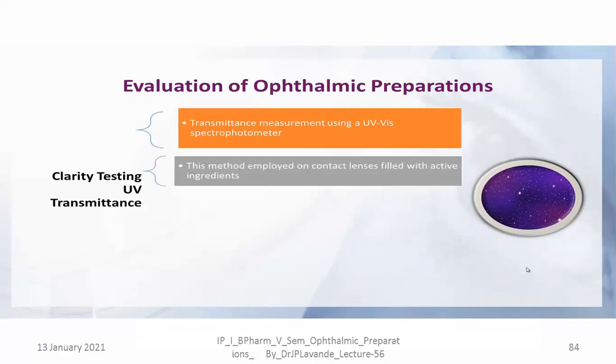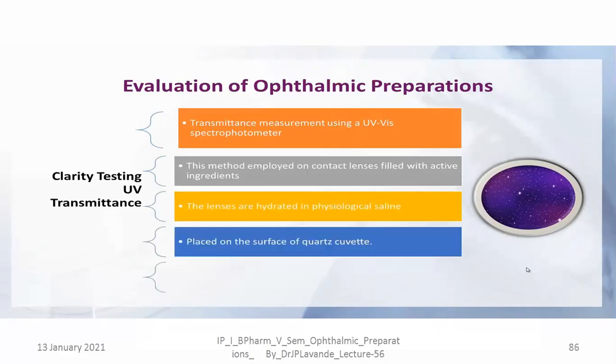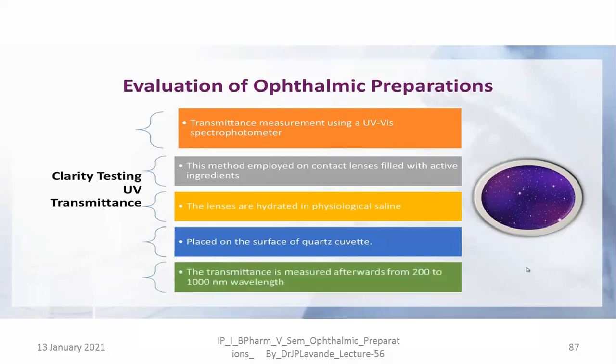In this spectrophotometric method, it is employed onto the contact lenses that are filled with the active ingredient. The lenses are hydrated in the physiological saline, and they are to be placed onto the surface of the quartz cuvette, and the transmittance is measured afterward from 200 to 1000 nanometer wavelength.